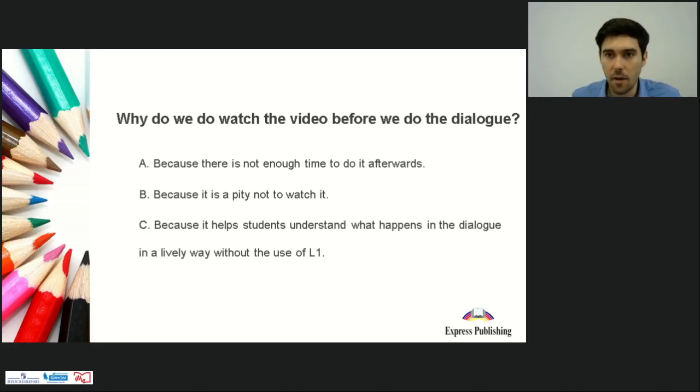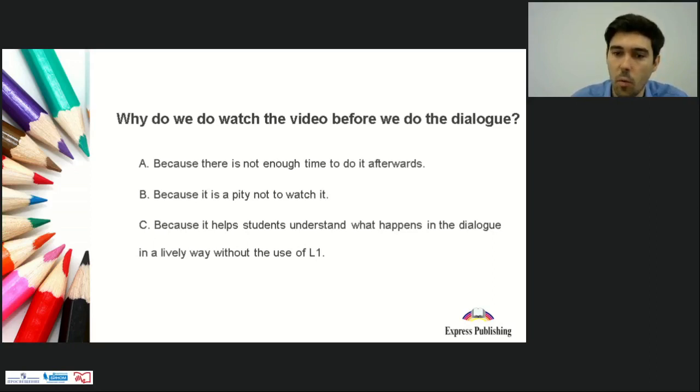Whenever we have a dialogue, it's always good for students to watch the video first, as it can help them to understand what is actually happening in the dialogue through the animated sequences. And also, this is done in a way where we, the teachers, don't have to necessarily explain the dialogue using our L1.